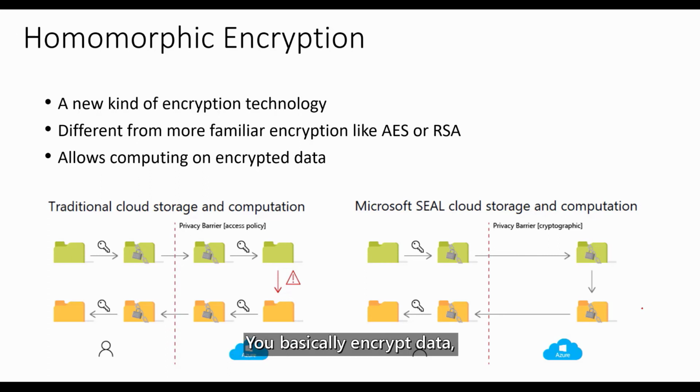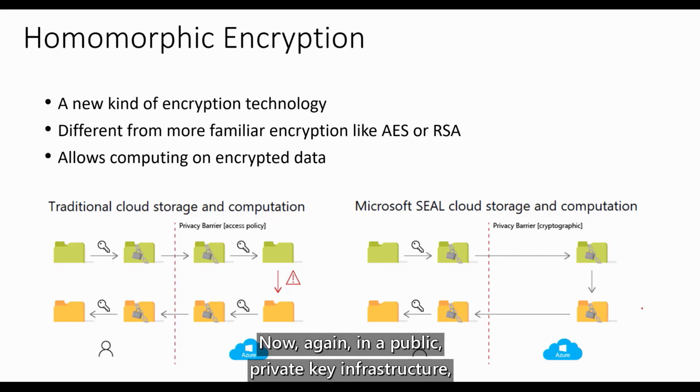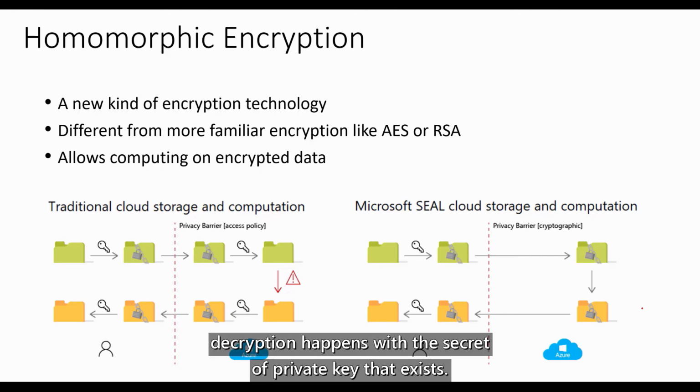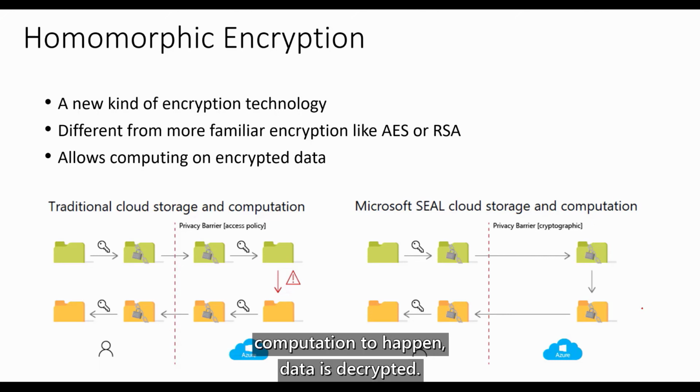So you basically encrypt data, send it to the cloud, decryption happens, computation is done, then it's encrypted and sent back to the consumer. Now, in a public-private key infrastructure, encryption is done using the public key, and decryption happens with the secret or private key that exists, right? This is normal. That means for computation to happen, data is decrypted.